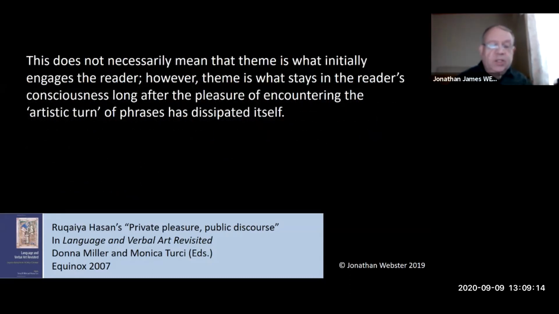But she goes on to say this. She says this does not necessarily mean that theme is what initially engages the reader. In other words, you may not notice it. It may pass you by. You may not see it. But if it is truly verbal art, the theme is what is going to stay in your mind long after the pleasure of encountering the artistic turns of phrase has dissipated, long after you know and remember and appreciate the art.